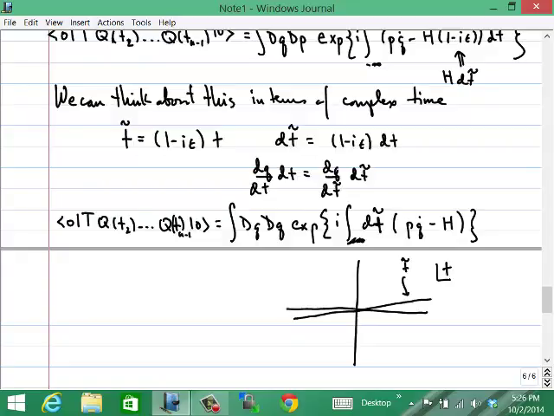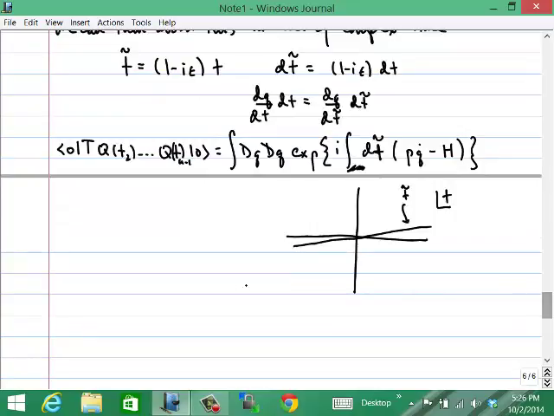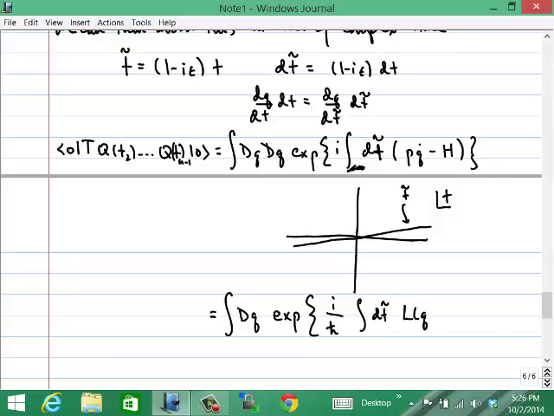And of course, this also works in configuration space, so we could integrate dq of the exponential of i over h bar times the action. But now the action is the integral of the Lagrangian along this contour through the complex time plane. And here, dot means d by dt tilde, not d by dt.